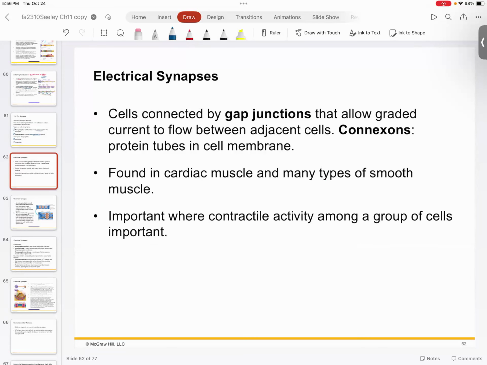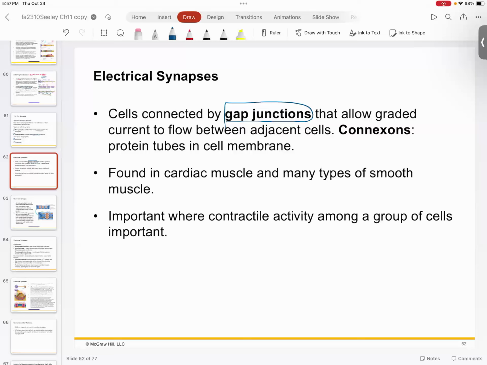In the electrical synapses, generally we see these when we are involving things like gap junctions. And in gap junctions, what happens is you allow a graded flow of ions to move between adjacent cells.